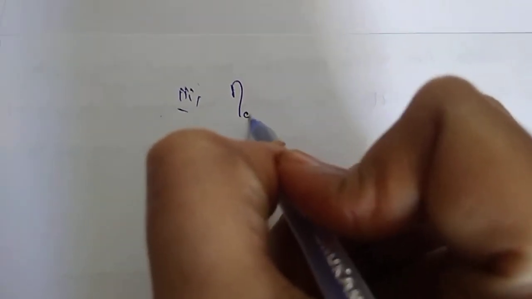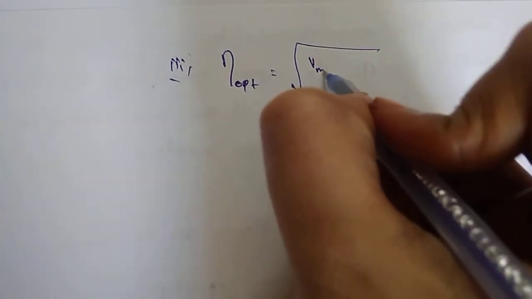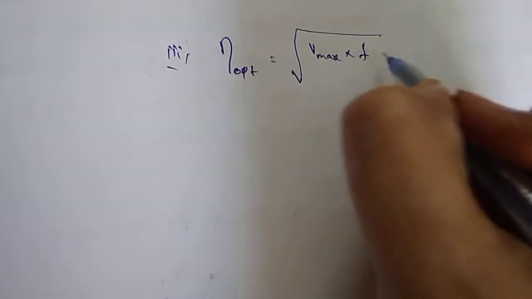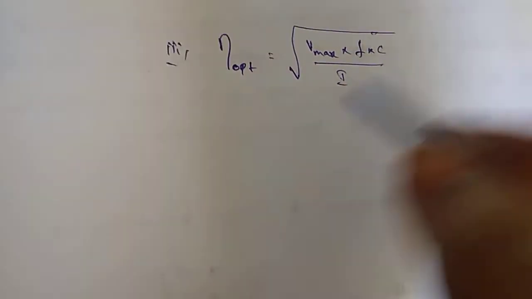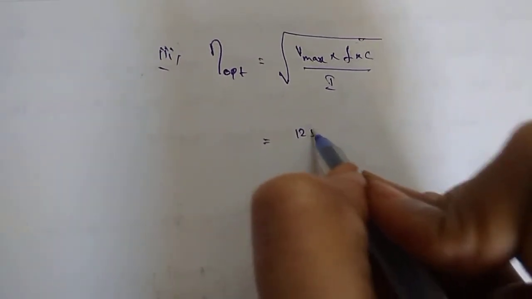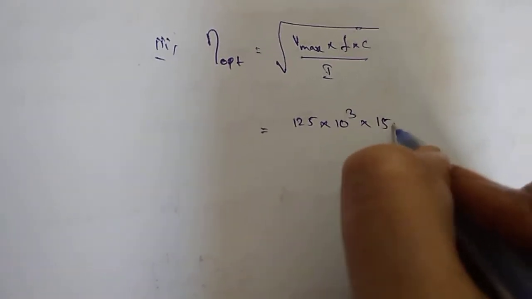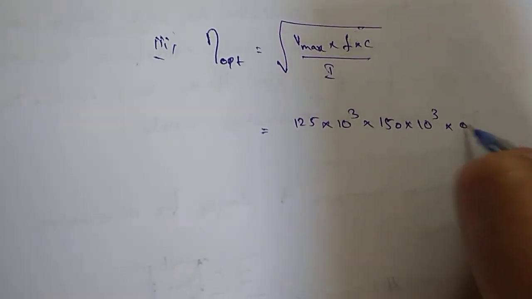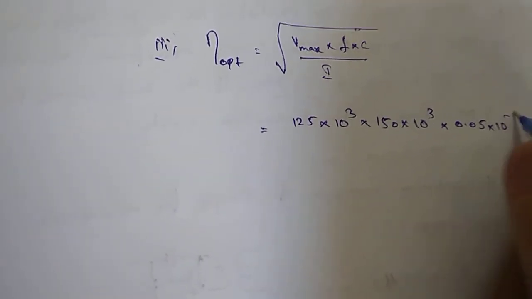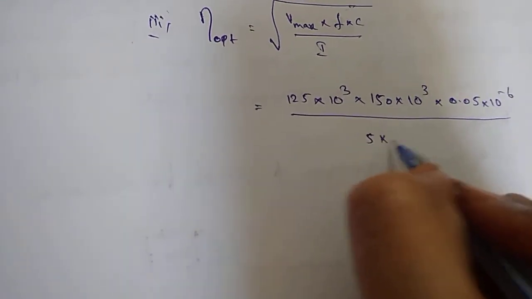The optimum number of stages can be given as the square root of Vmax into Fc divided by I. I already know the values: 125 kV, 150 kilohertz, capacitance 0.05 into 10 power minus 6, and the current is 5 milliamperes.